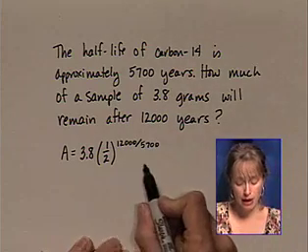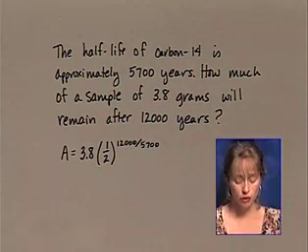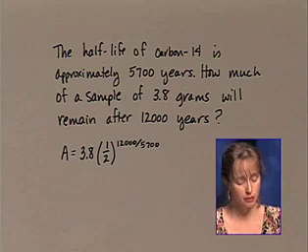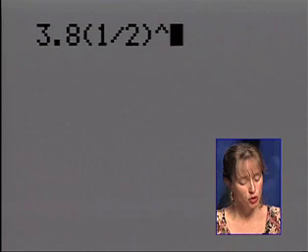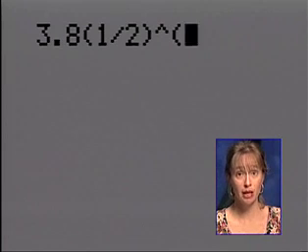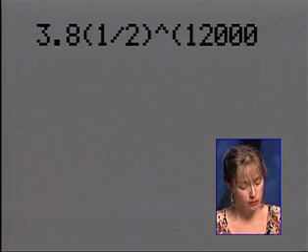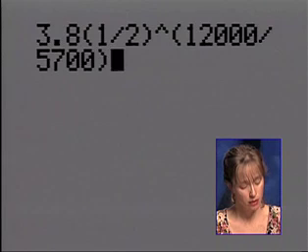Using a calculator, I'll get a number for this. Let's go to our calculator. What we want to find is 3.8 times 1/2 to the, and now I'm going to use parentheses around my exponent because I have a division within the exponent, 12,000 divided by 5,700.